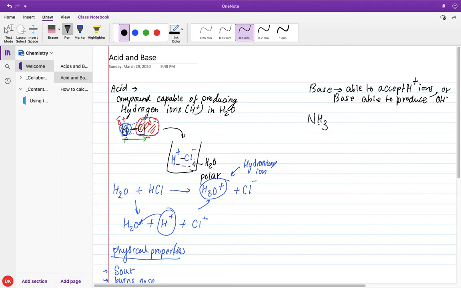Ammonia, NH3, that's the regular house cleaning supply we use, right? Ammonia is a base, and if you put a hydrogen ion in it, it gives you this ion right here. Anybody know the name? It's the only polyatomic ion on your list, on your star reference sheet.